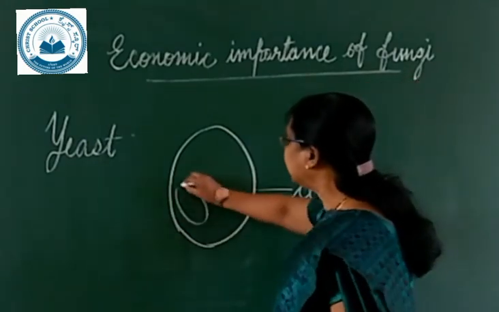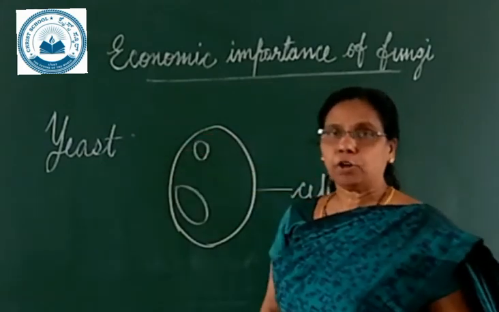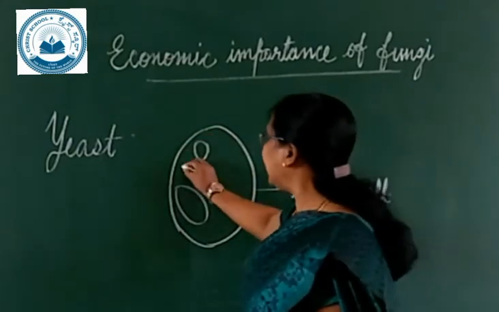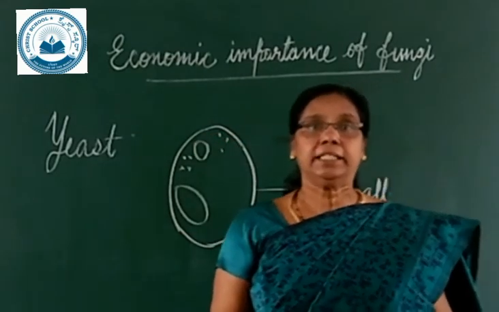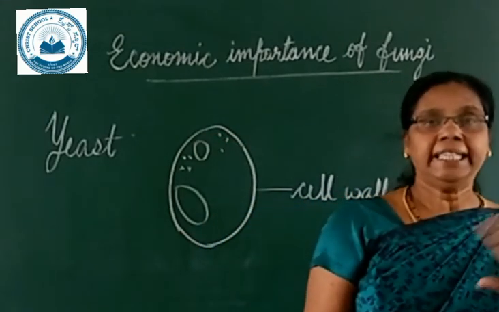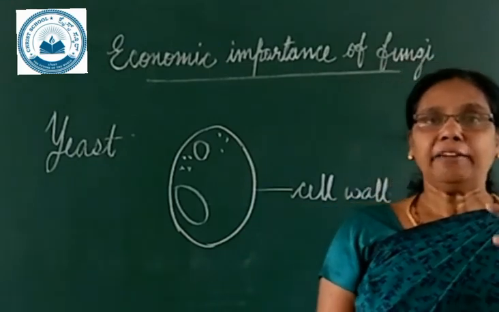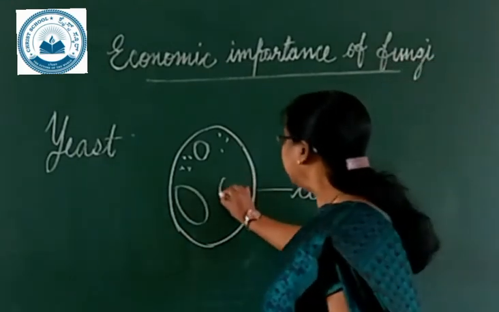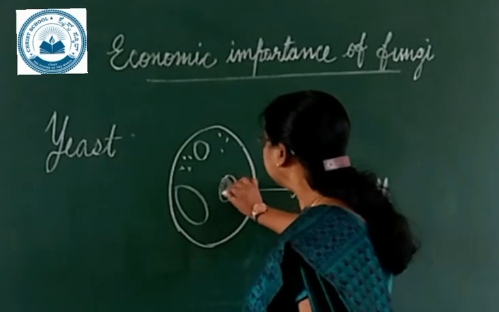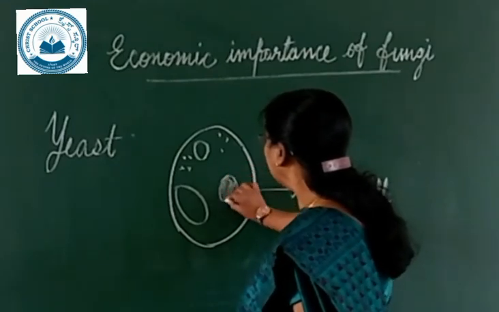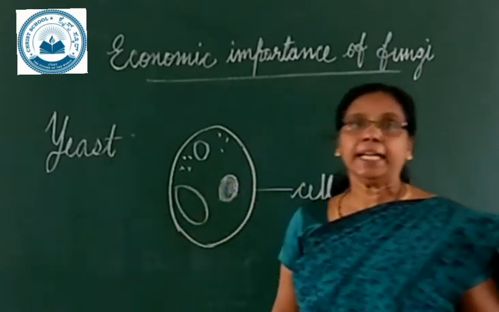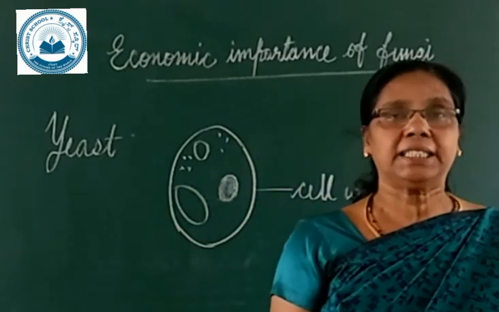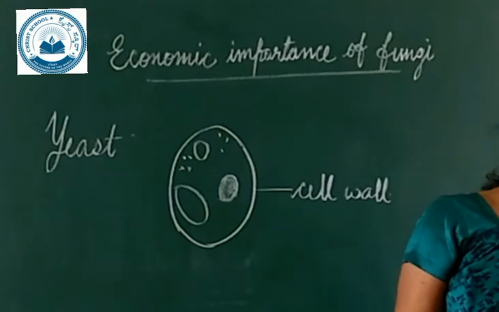Some big vacuole is there, some other small vacuoles are present, and again some small granules are also present in this yeast cell. Then again a well-defined nucleus. Here you can see a nucleus with a nuclear membrane is present in the case of yeast.